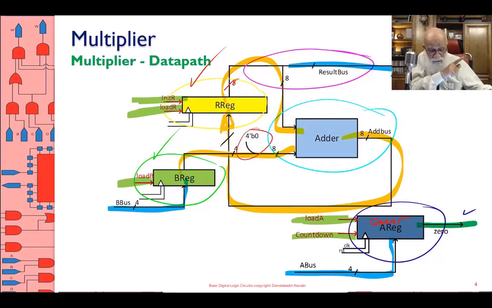This is bad because for multiplying a 4-bit number by a 4-bit number, it will take up to 15 clock cycles. Because I'm decrementing A, I'm adding B to P a number of times. If A is 15, it will take that many clock cycles.